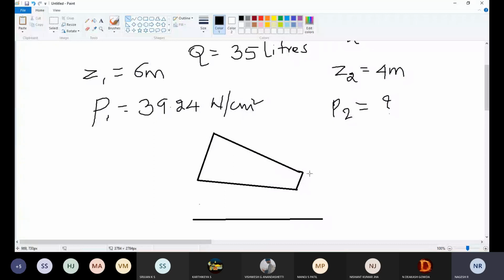Okay, so now we'll take the center of the pipe like this.